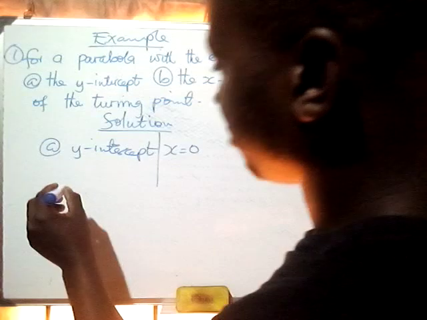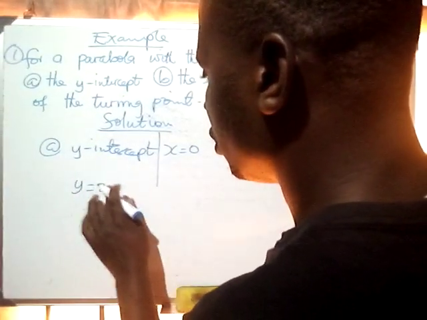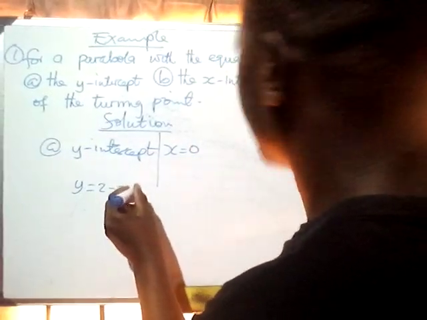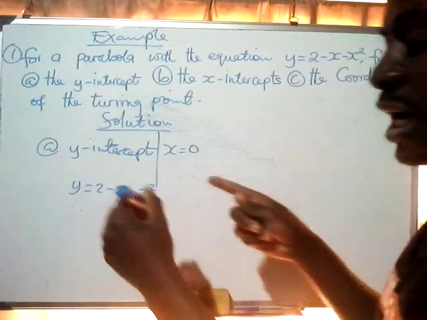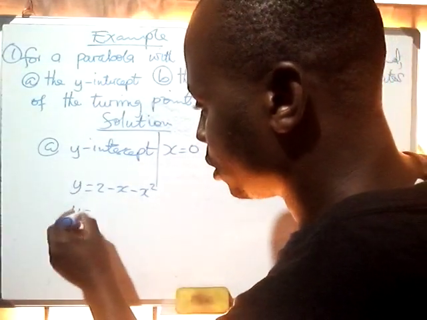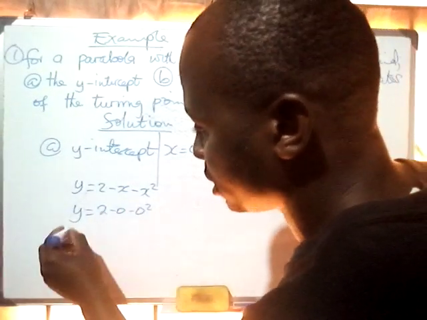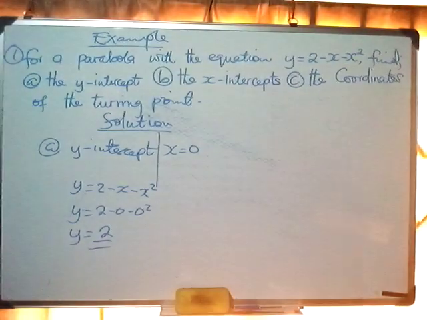So this is the same as saying that in the equation y is equal to 2 minus x minus x squared, where there is x, I will put a 0. So it will be 2 minus 0 squared, and our final answer will be 2. So the y-intercept is 2.